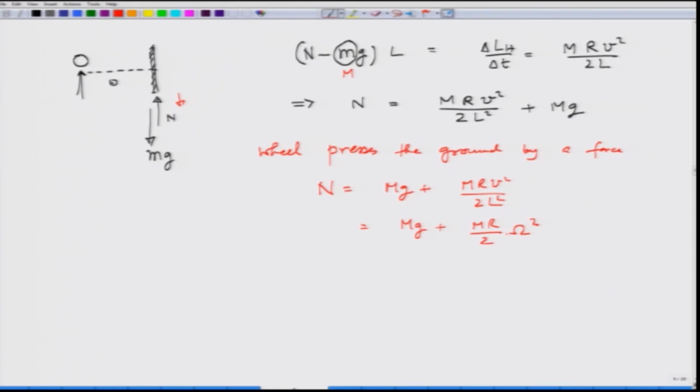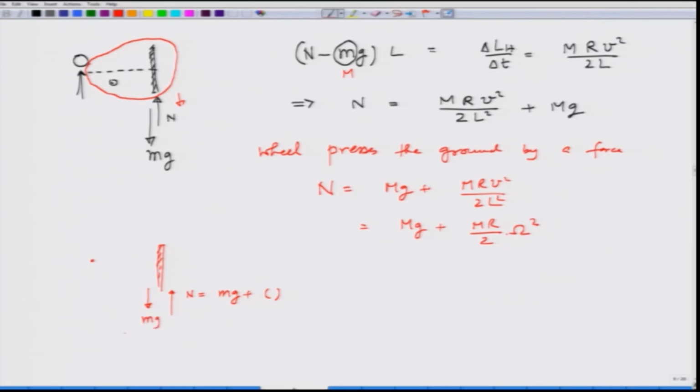Now, as a result, what is going to happen, if I were to take this whole thing assembly, it is not moving in vertical direction. So, if I take this whole assembly, N, this is having a force which is N, which is equal to mg plus some extra term, and the weight down here is mg.